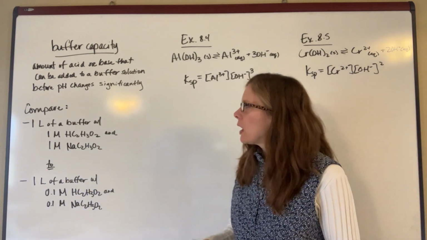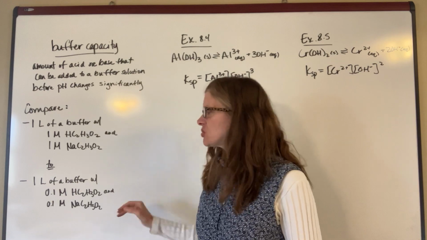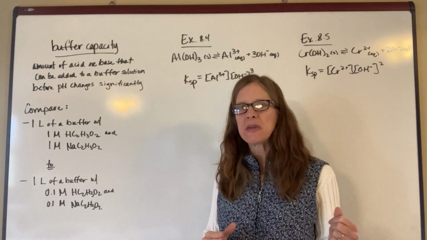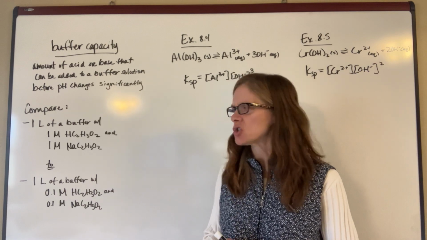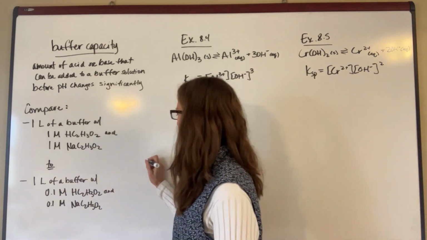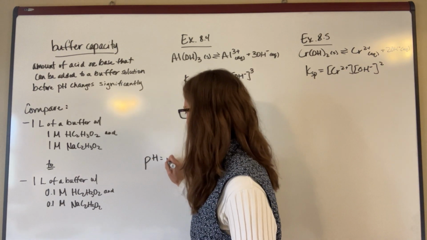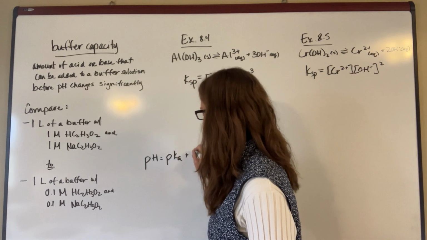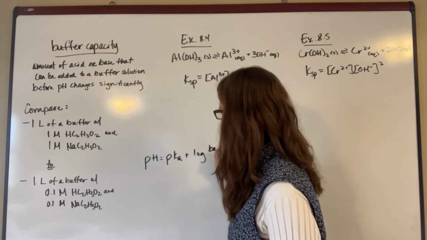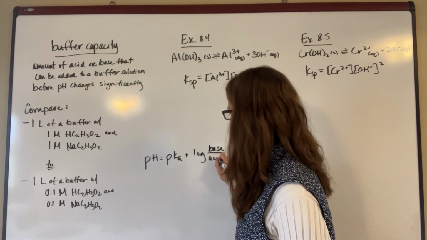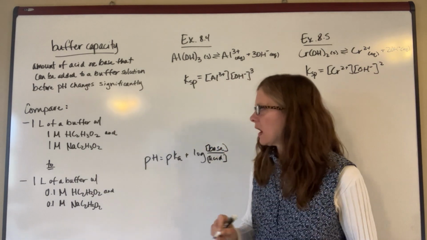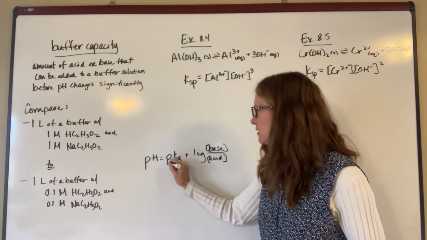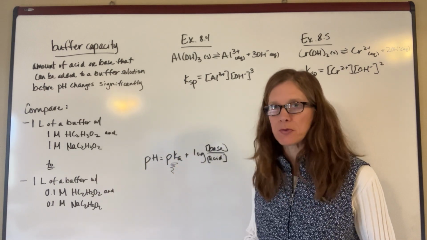So if I compare the pH of these two, what's the pH difference going to be? Which one is going to have the higher pH? Well, again, if you remember, pH equals pKa plus the log of the concentration of the base over the concentration of the acid, right? Well, it's the same weak acid, so the pKa is the same in both of them.